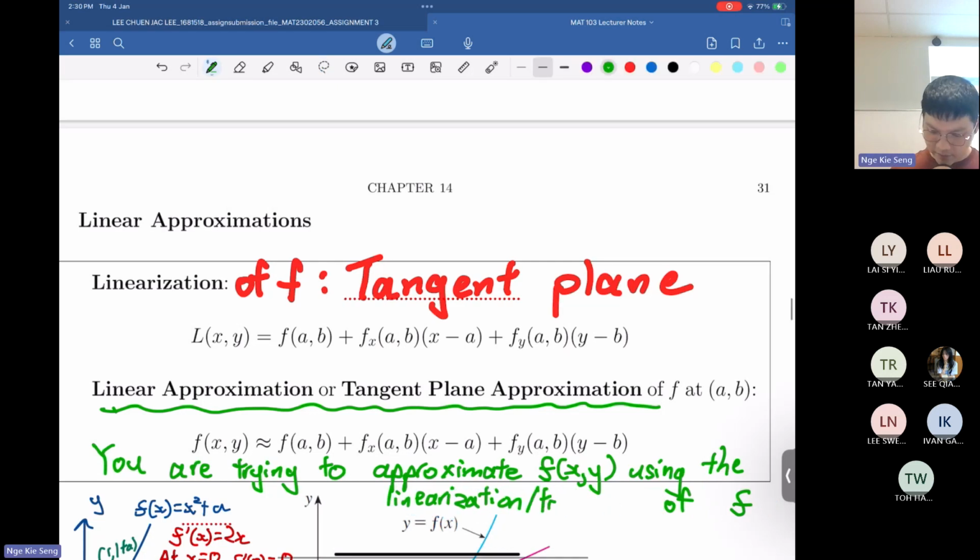Linearization or tangent plane of f. If you cannot see this, let me show you one example. Can you get my statement? You're trying to approximate f(x,y) using the linearization of f.